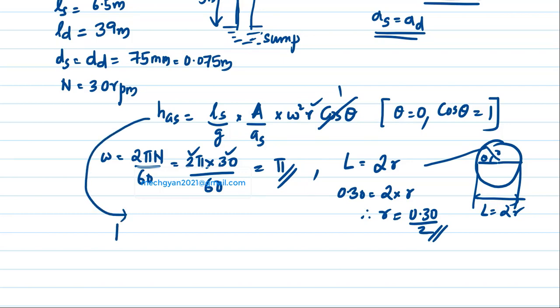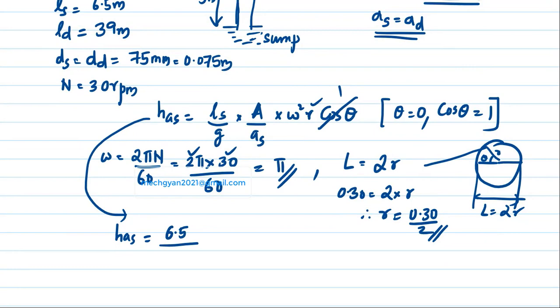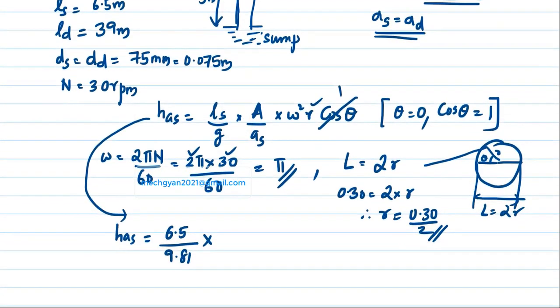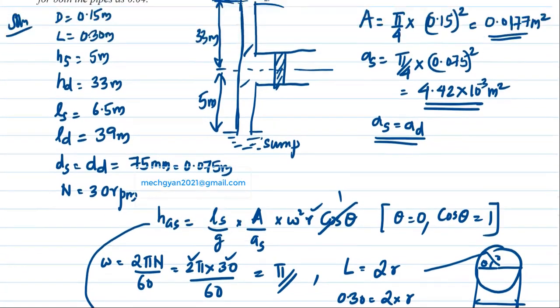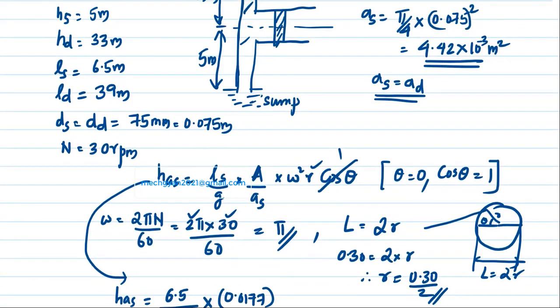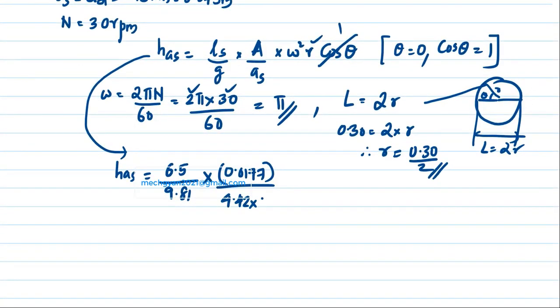Now let's substitute in this expression. So we have HAS equal to LS is 6.5 by g is 9.81 into area we calculated, 0.0177, by small area, area of suction pipe 4.42 into 10 power minus 3, into omega square, which is pi square, into r which is 0.30 by 2.